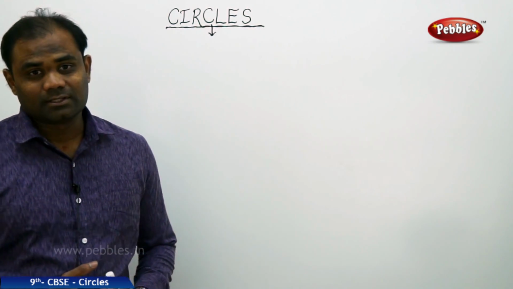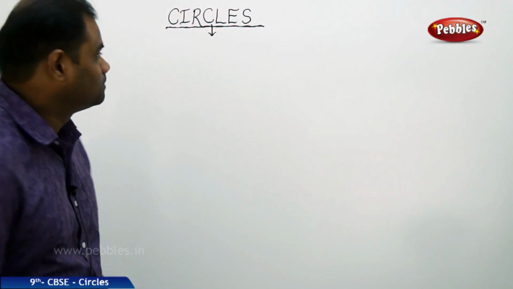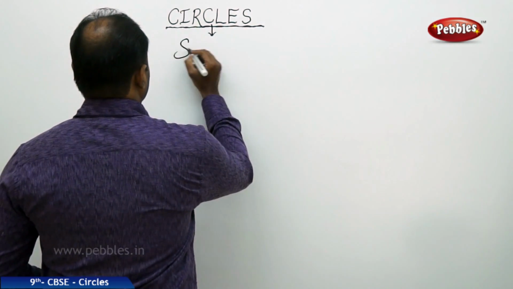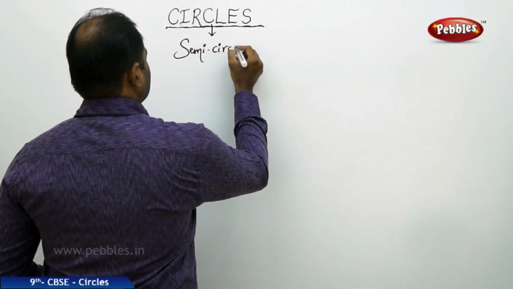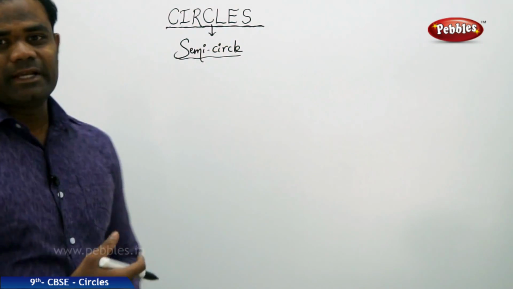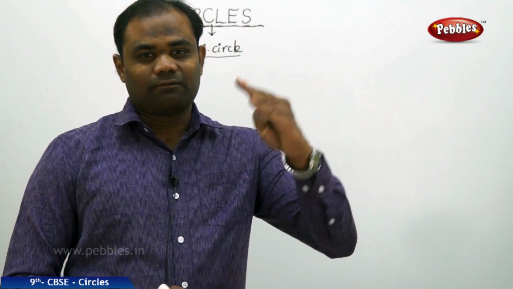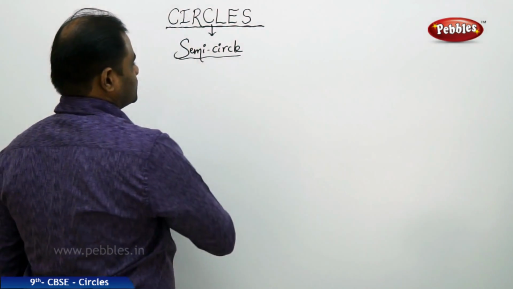Now comes the discussion of semicircle. Let's see how a semicircle is defined through the diameter for the circle. Semicircle versus the circle. The word semi itself says exactly half of the previous circle. So semi is half of the circle.